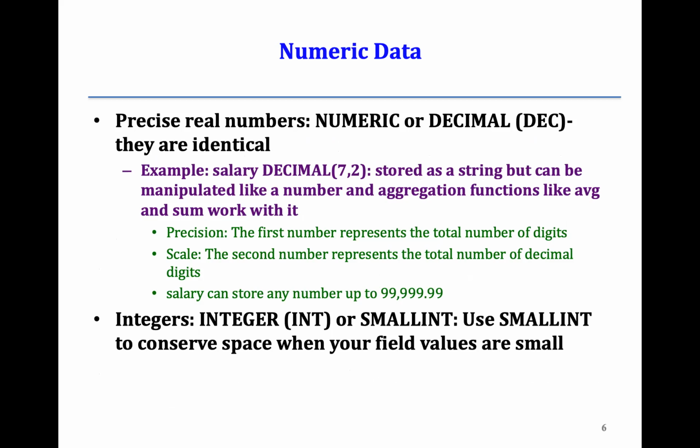Okay, numeric data. In programming languages, it's often not necessary to be able to precisely represent a decimal number. But in banks and financial transactions, it is absolutely essential that you be able to precisely represent things like 33 cents or 1 cent, 0.01.